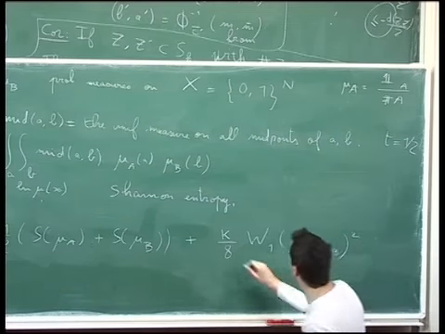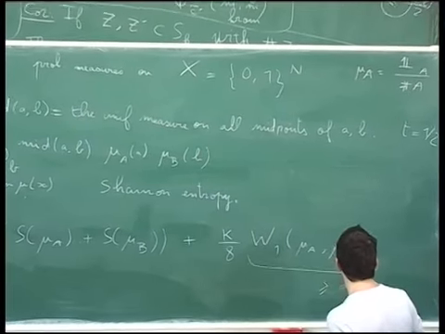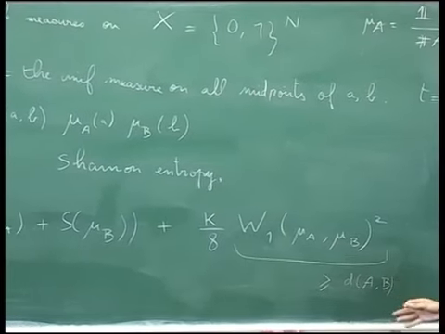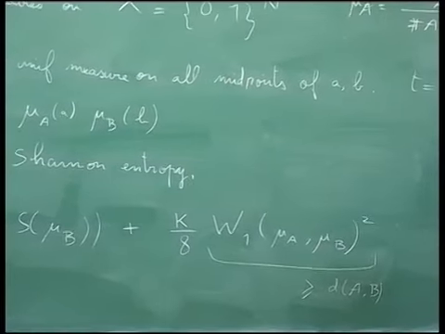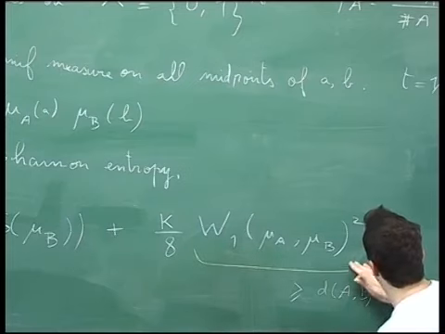And this is, of course, always at least D_AB squared if mu A is supported in A and mu B is supported in B.